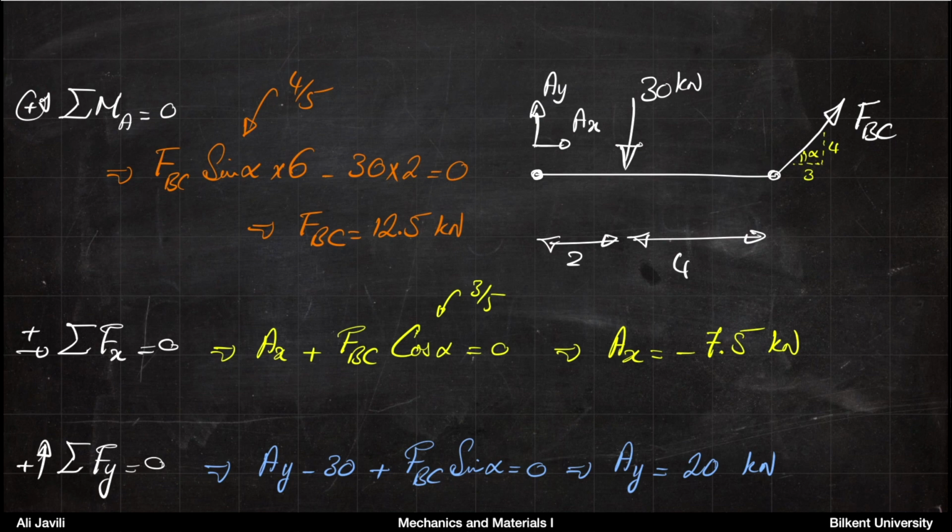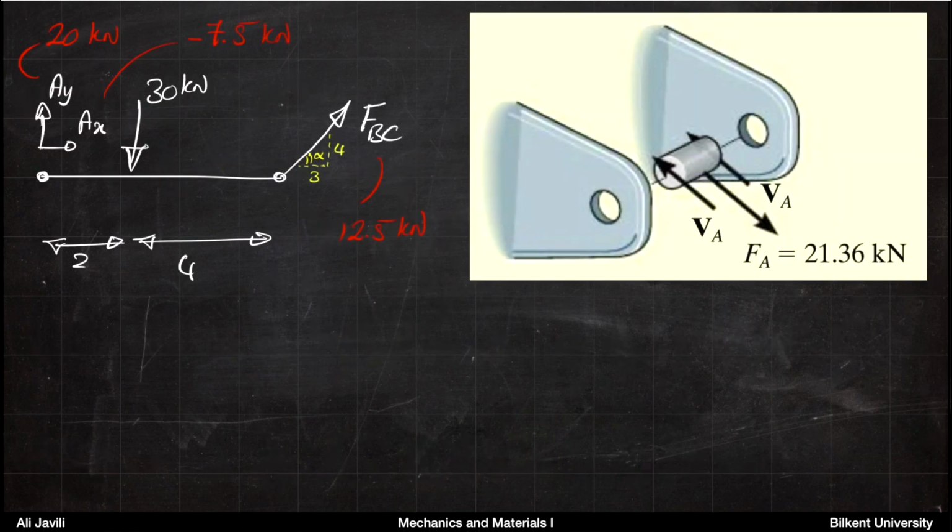Okay, so now that we have all these forces and all these unknowns, we can look into what happens to the pins. If you look at the pin at A, the force on that pin has two components. One component is 20 kilonewton, the other one is 7.5 or minus 7.5 kilonewton.